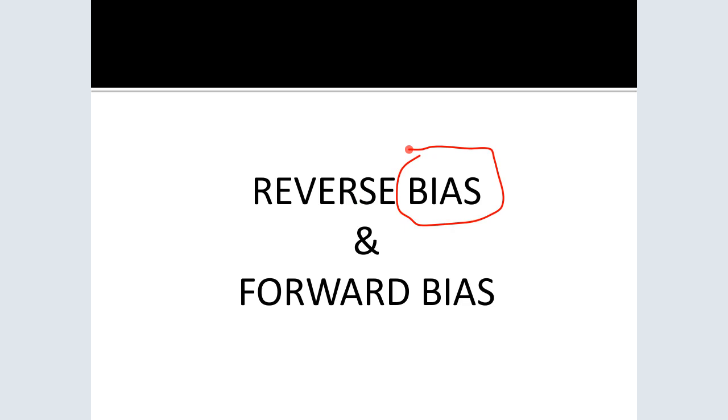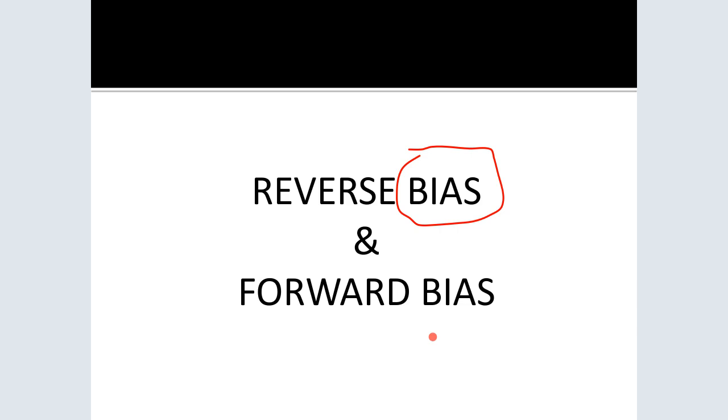To bias is to influence a process out of the scope of its natural development. Okay, out of the scope of its natural development.